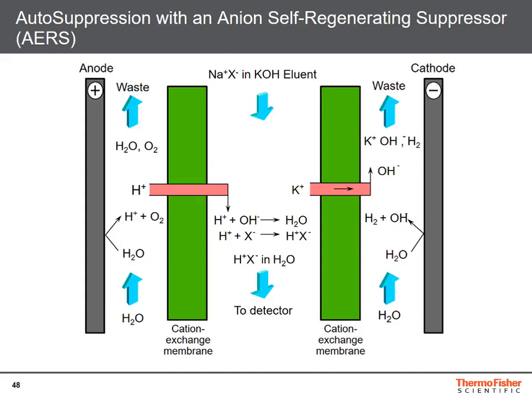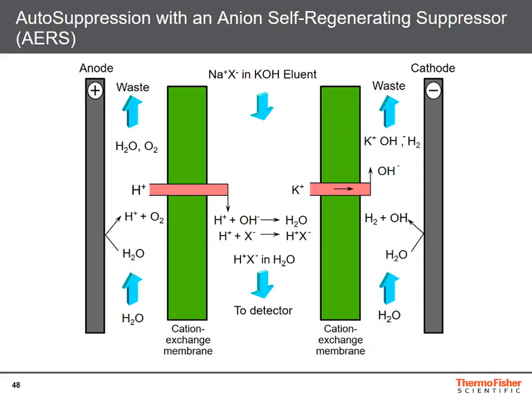If I'm now applying an electric field between the two electrodes, we see the formation of hydronium ions at the anode, and those hydronium ions, under the influence of the electric field, are migrating through the cation exchange membrane into the eluent chamber.